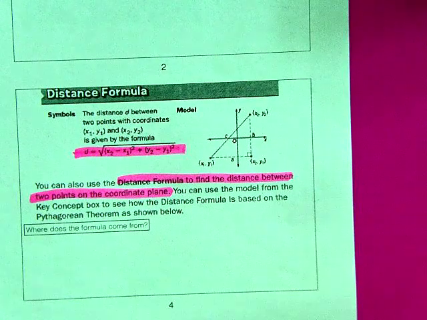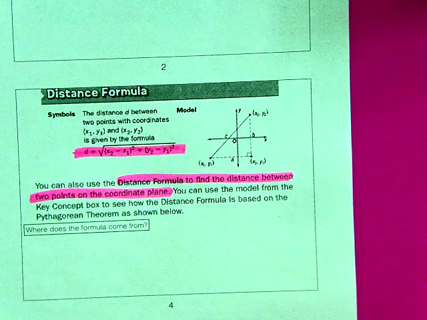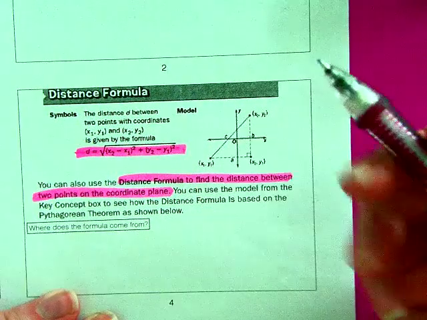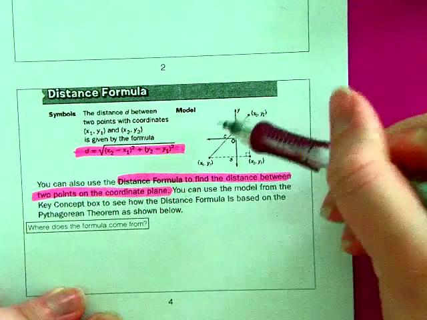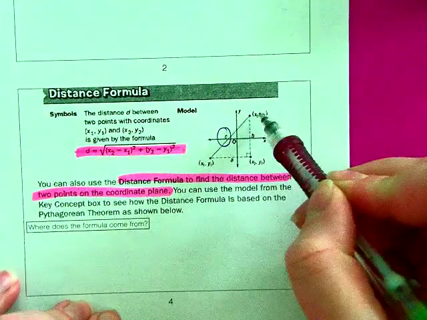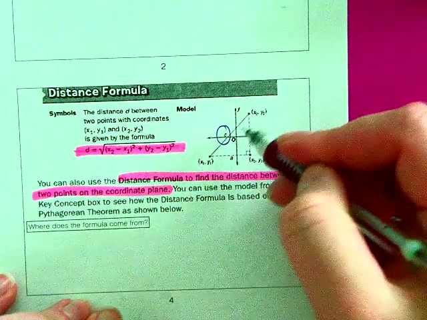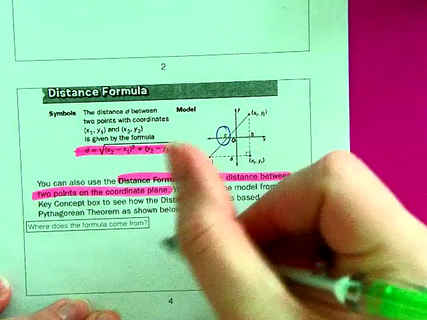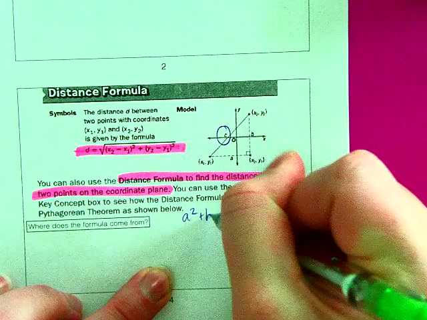So where does this formula come from? I'll show you. When we have this picture here, c is equal to our distance between those 2 points. So we're going to plug it into the Pythagorean theorem.